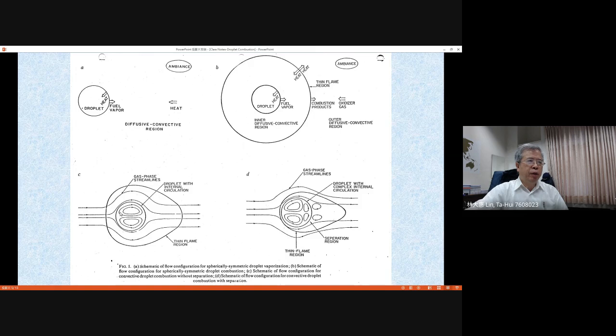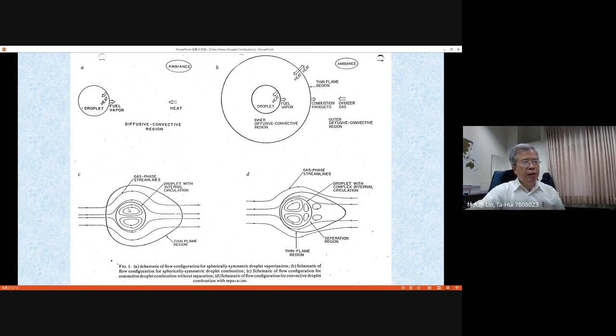They will produce flow motions, liquid motions inside of the droplet, with velocity directions accompanied with the outer flowing gas medium.